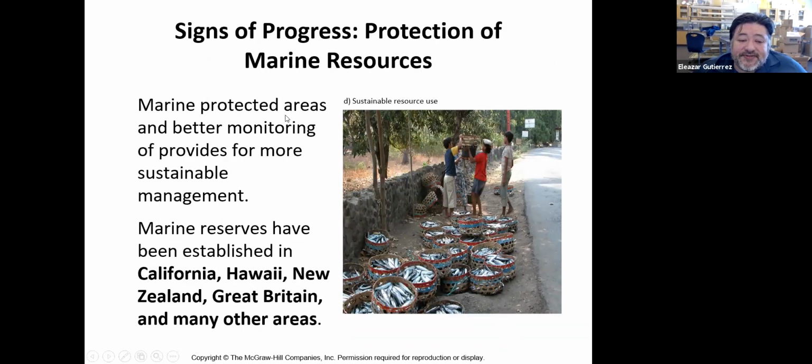Marine resources. We're learning to manage marine resources a lot better. There's reserves that have been placed in California, Hawaii, New Zealand, Great Britain. These reserves are not meant to inhibit us from having food. They're meant to protect the fish so that they can grow and mature and eventually become food for us.